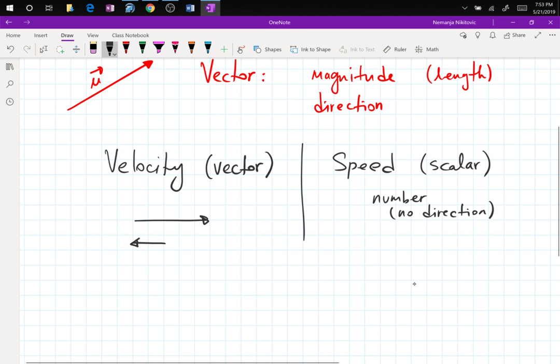And don't try this on your own. Try it when someone else is driving. If someone else drives in reverse, the car will still show 20 miles per hour. There are no negative numbers on your speedometer. So speed has no direction to it, whereas velocity is the speed and the direction combined.